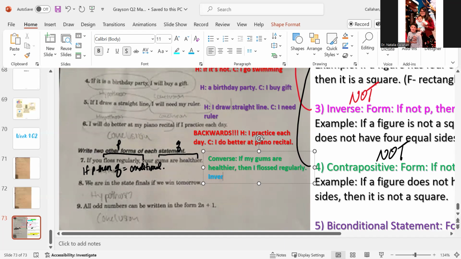Let's do the inverse for this one. What would your inverse be? And remember, it's if Q, then P. What would be the inverse? If you do not floss regularly, then your gums are not healthier. Then your gums are not healthy.